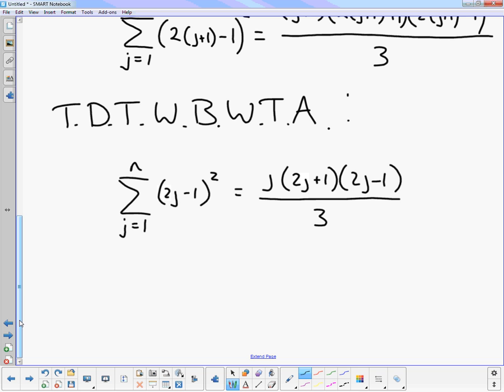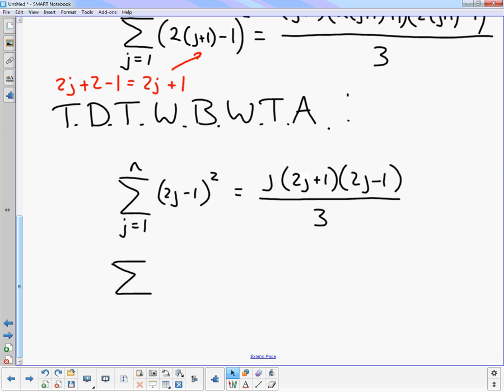To do this, we begin with the assumption. And now we got to figure out how to get to the next piece. So, now, if we go up here for a second and take a look at this, that's inside the summation becomes 2j plus 2 minus 1, which is 2j plus 1, right? That's what's inside the parentheses, right?